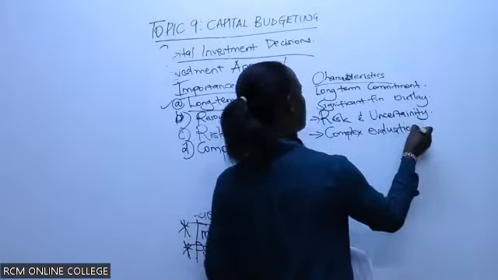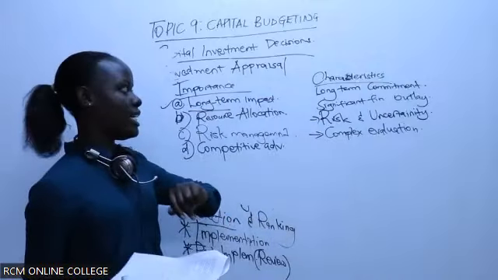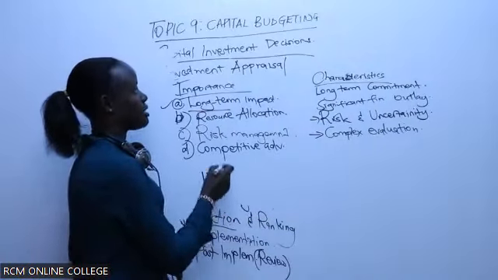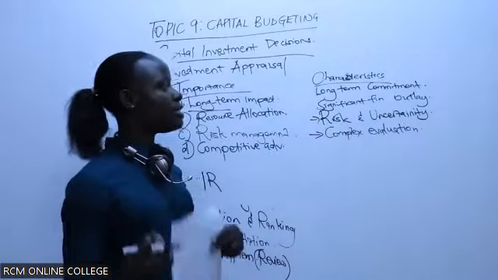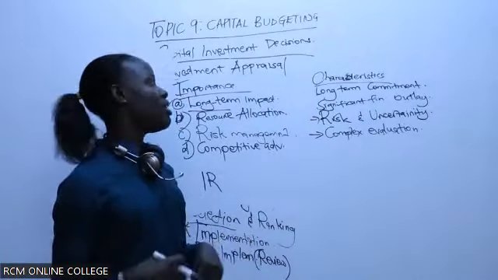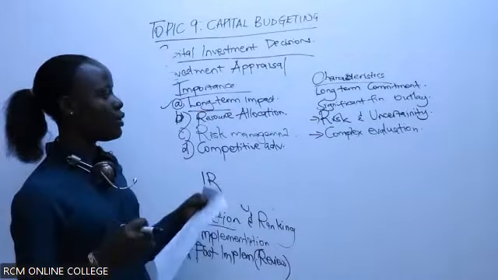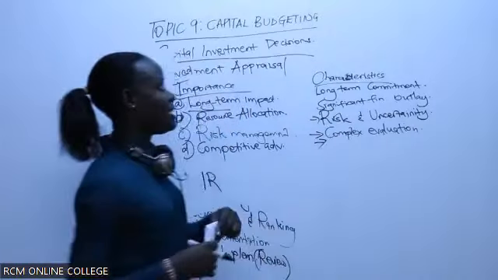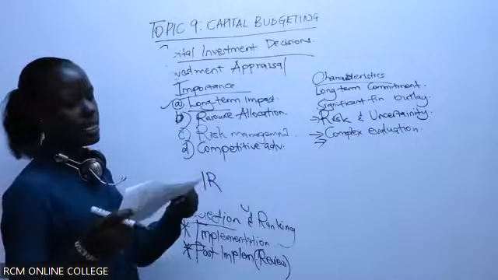I guess you will understand the complex evaluation mostly when it comes to calculating the IRR, because some capital budgeting techniques require you to redo the entire process to get to whatever you're trying to look at. So it might be complex calculating or understanding some other capital budgeting techniques.